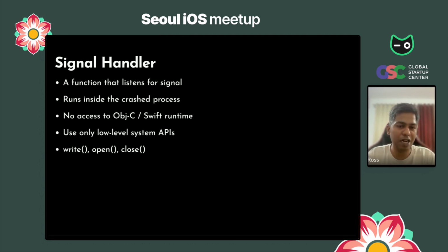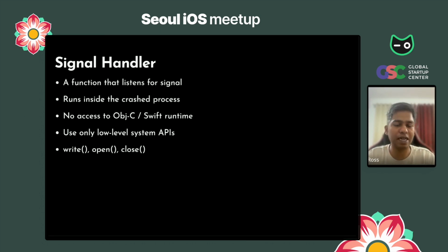Just about the only APIs you are allowed to use are 30 or 35 low-level system APIs, of which write, open, and close are some of them. So when you're using any sort of crash reporting tool, as I mentioned, KSCrash or PLCrashReporter, they implement their own custom signal handlers.